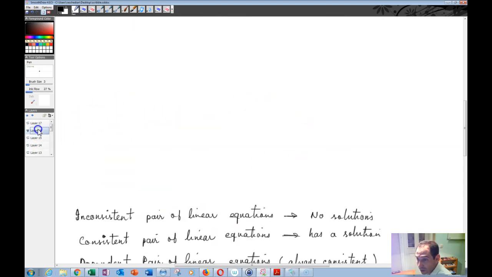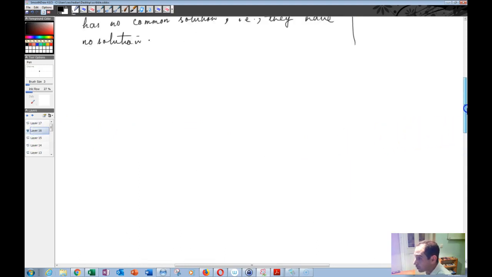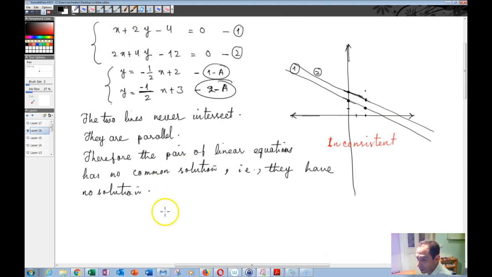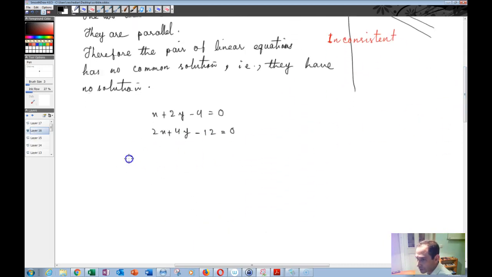About the next situation that we had, basically the equations in general form were x plus 2y minus 4 is equal to 0, and 2x plus 4y minus 12 is equal to 0. And here basically a1 to a2 was equal to 1 to 2, b1 to b2 was equal to 2 to 4, and c1 to c2 was equal to negative 4 to negative 12.